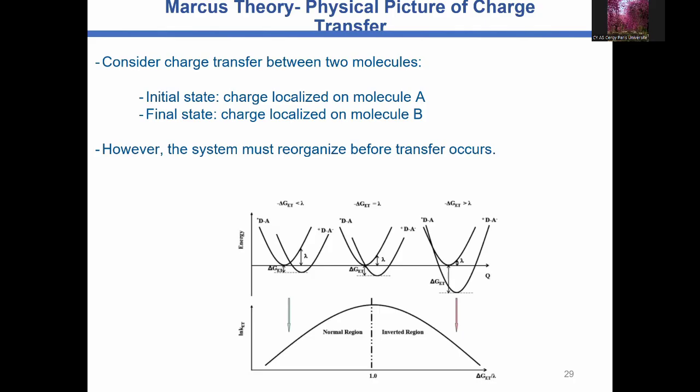In Marcus theory, we can see that the initial state is localized in one molecule A, and the final state in a molecule B. So this is just the figure, initial state and final state.